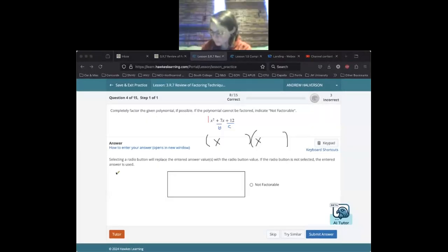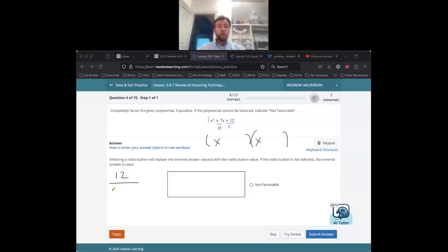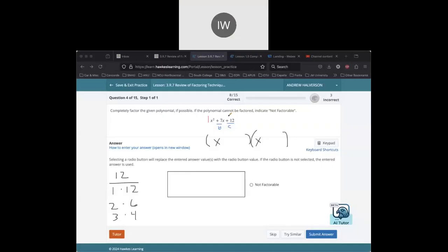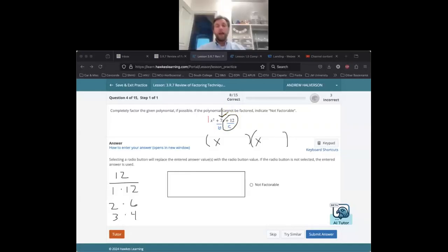So come over here and list your factors of 12, and put them as pairs. 1 times 12, 2 times 6, 3 times 4. You're looking at the factors of the last term that add to give you the 7. So how does 2 times 6 give you 7?